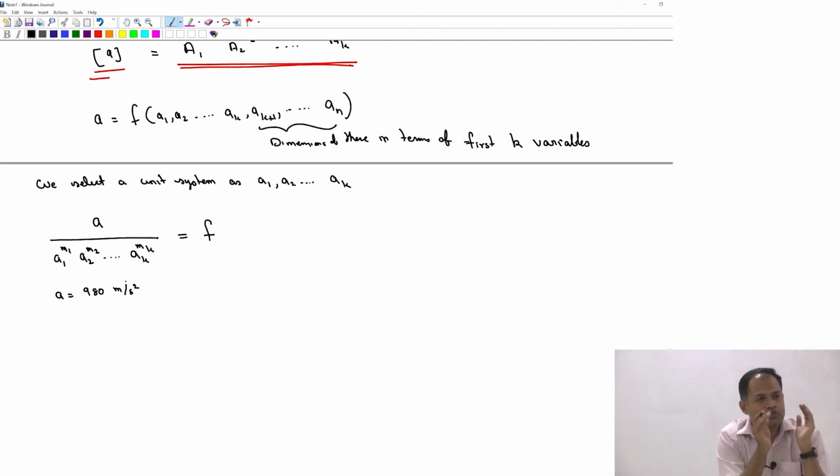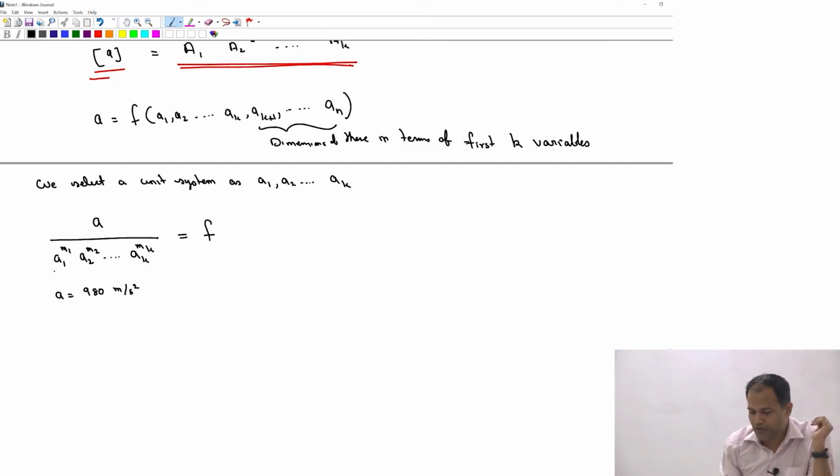So if you choose SI, you say 980 meter per second square is your acceleration. But if you select g as a fundamental quantity in your unit system, then you will say my acceleration is 100.